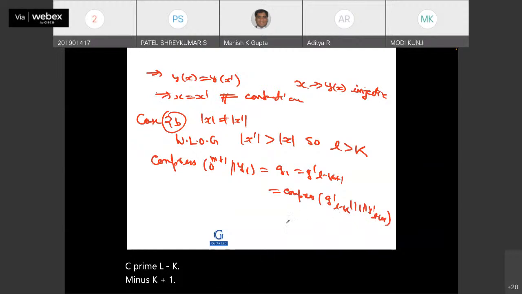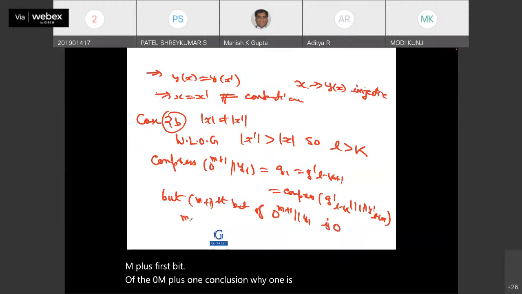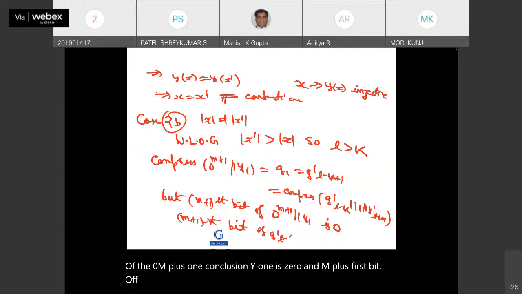But the m plus first bit of 0 m plus 1 concatenation y1 is 0, and the m plus first bit of g prime l minus k 1 y prime l minus k plus 1 is 1.